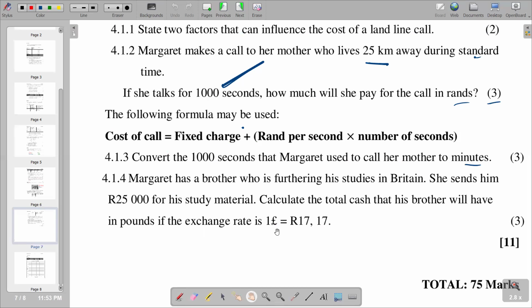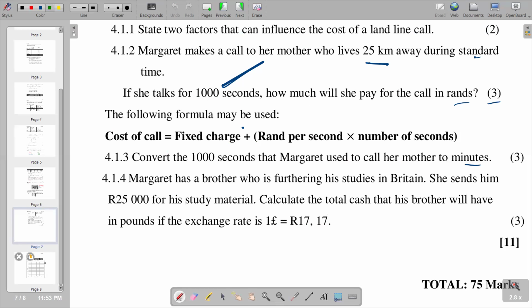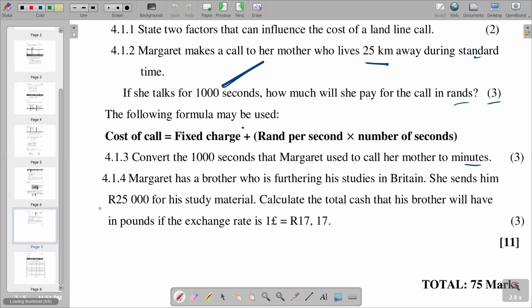So obviously we start with the rate, whereby we are saying 17 rand 17 cents. So we got 4.1.4. So we are saying 17 rand 17 cents is equal to 1 pound.